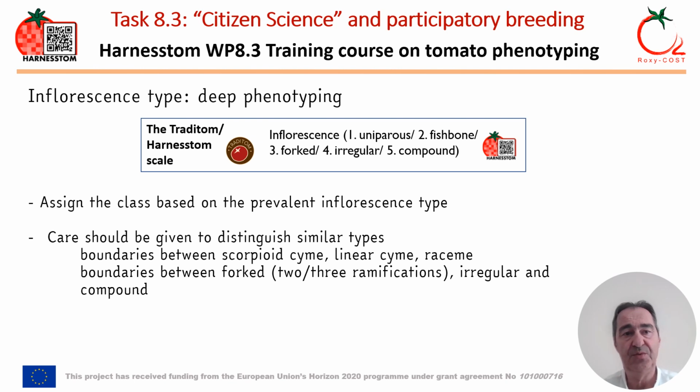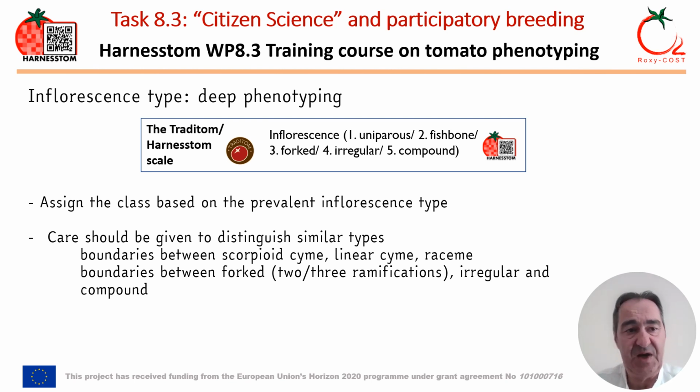So, if you want to deepen the recording of the inflorescence structure, you may take into consideration more classes. In our phenotyping in Traditom and Harneston projects, we made reference to 5 classes: simple and fishbone for the uniparous ones, and forked, irregular, and compound for the multiparous ones.